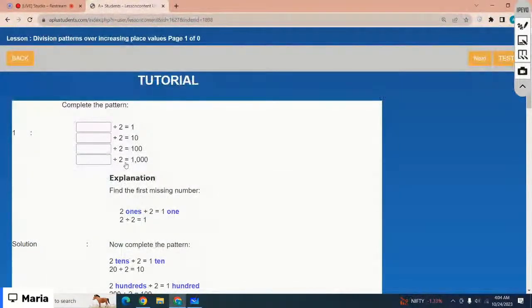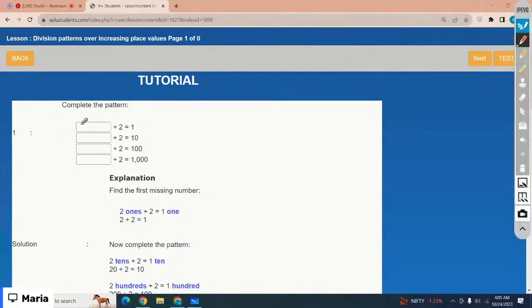Complete the pattern. Missing number divided by 2 equals 1, missing number divided by 2 equals 10, missing number divided by 2 equals 100. So what number divided by 2 equals 1? When you divide a number by itself, the answer is 1, isn't it? That means here the missing number is 2. 2 divided by 2 equals 1.